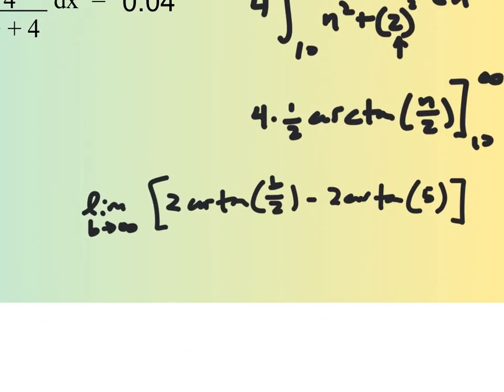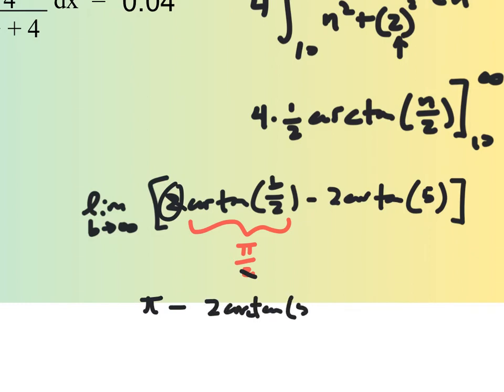It looks like this first part will go to pi over 2, as arctan goes to infinity. So this 2 times pi over 2, those 2's will cancel, and I'll get pi minus 2 arctan of 5.